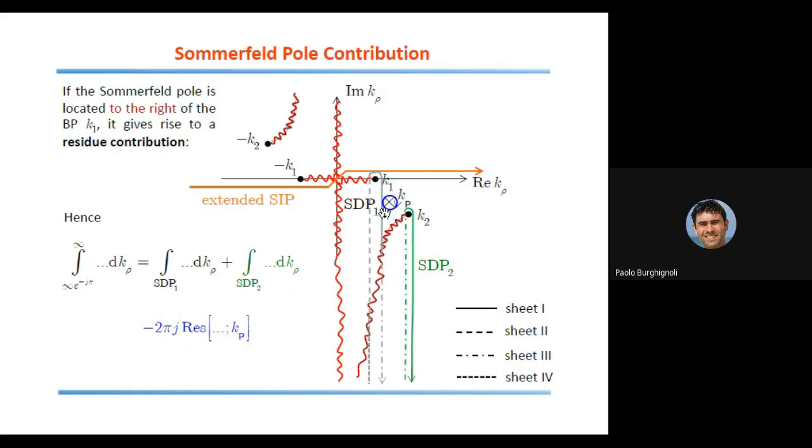And its residue contribution, which comes from this circle in blue here, must be added to the representation of the potential. So in the end, we get a representation in which you have a pair of steepest descent path integrals plus a residue contribution.